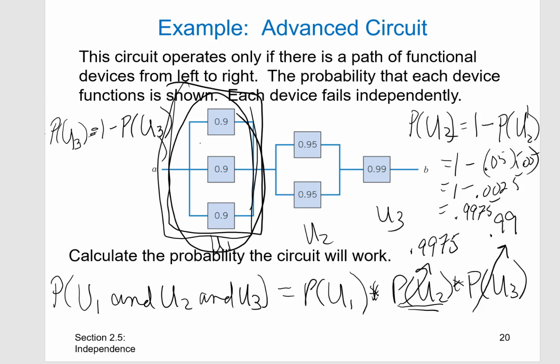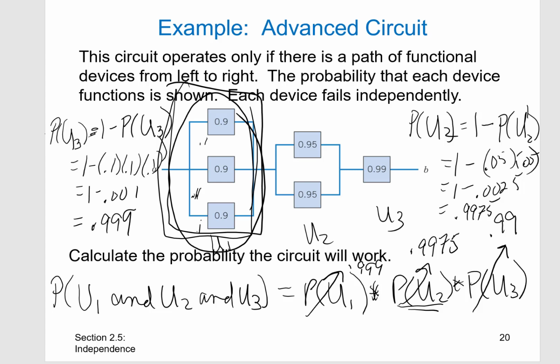So this one not working is 0.1, 0.1, 0.1, of course. And so with that, I would say the probability is 1 minus 0.1 times 0.1 times 0.1. So the probability of this first unit working, this first parallel circuit working, is 0.999.